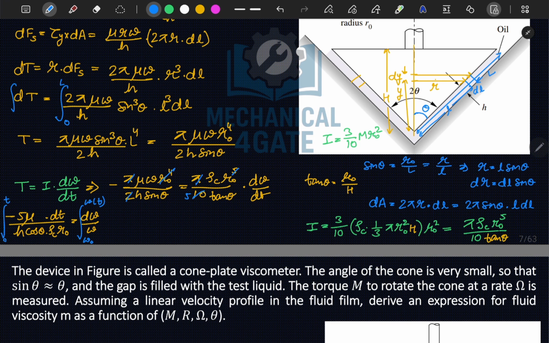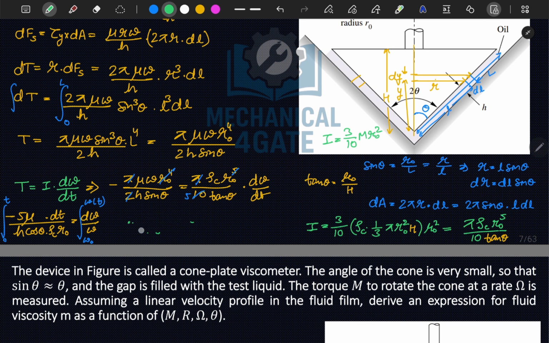So from here we will obtain ln of omega t by omega naught is equal to minus 5 mu by h rho c r naught cos theta times t.